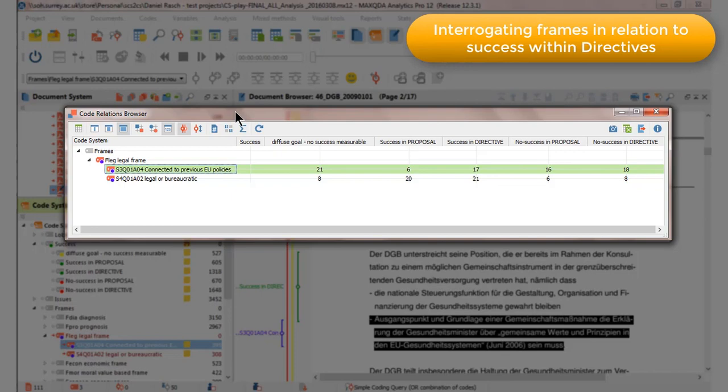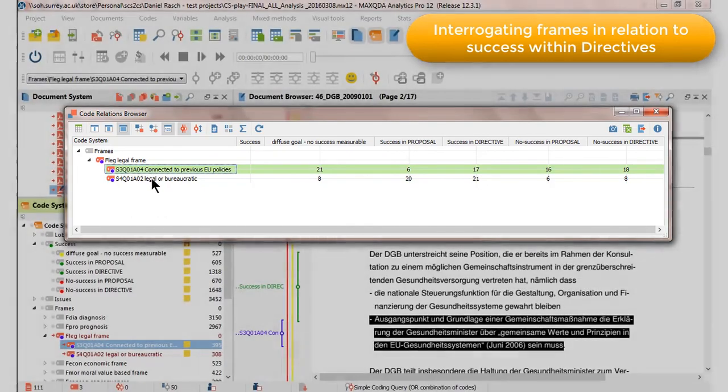in Daniel's analytic task, he wanted to interrogate the connections, the co-occurrences, or, as MAXQDA calls them, the intersections between different success codes represented in the browser as columns with different dimensions of an individual frame.